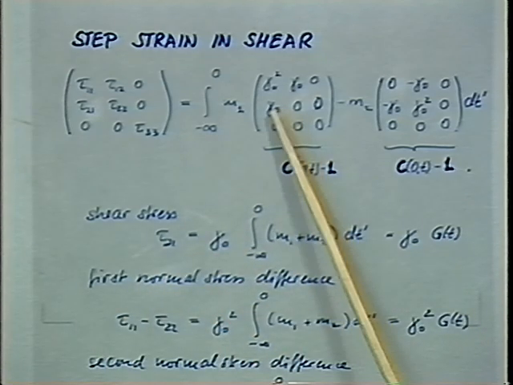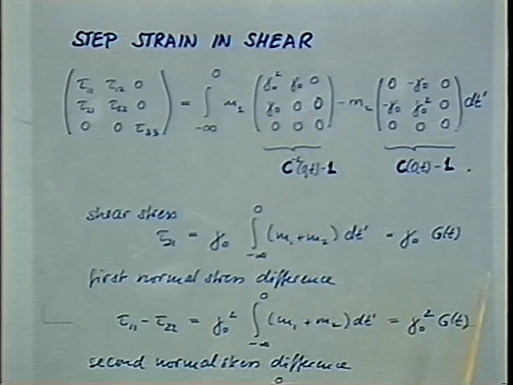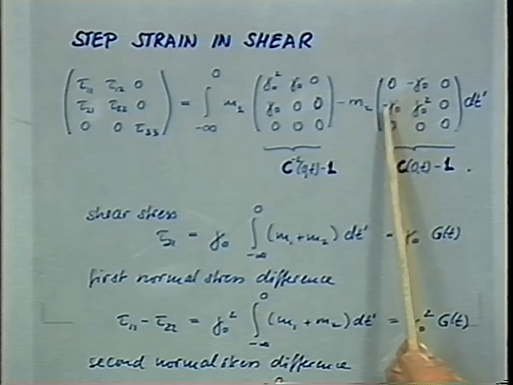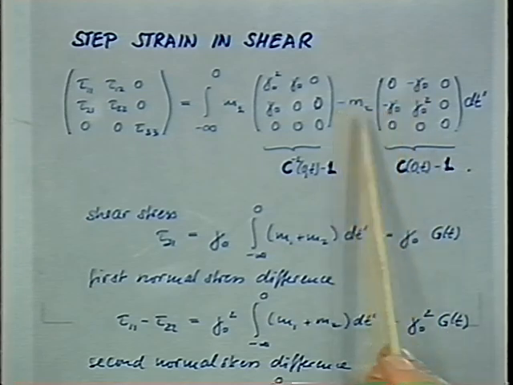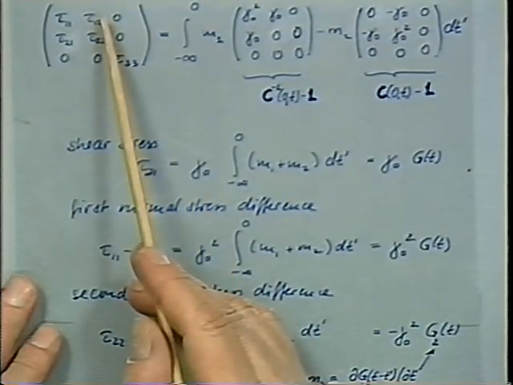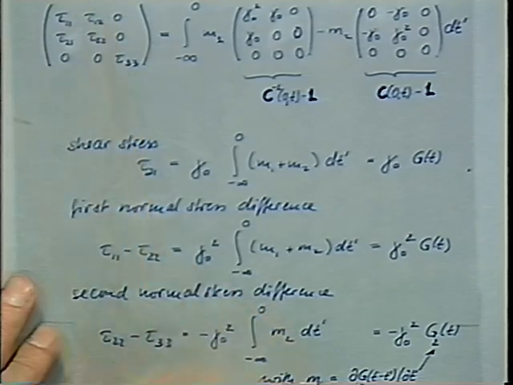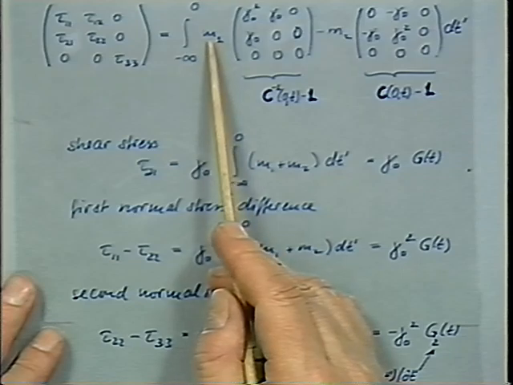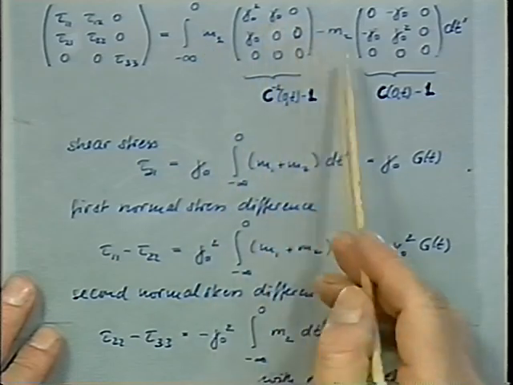And here we put in the step strain for the Cauchy tensor, the step strain for the finger tensor. Here you see the minus sign coming in, and that cancels with this minus sign. And the shear stress calculated from this is equal to the following. Tau 1, 2 is equal to this integral times m1 times gamma 0.